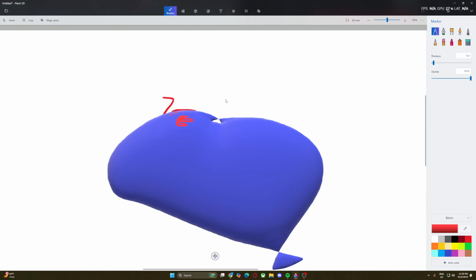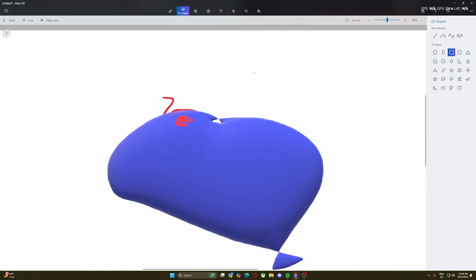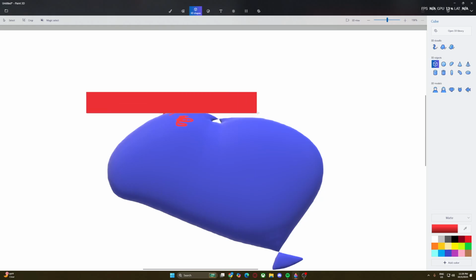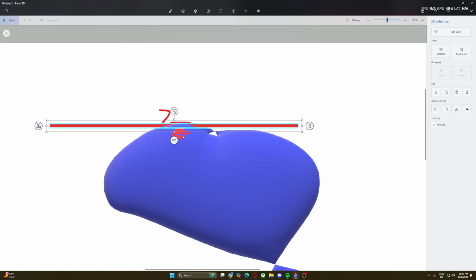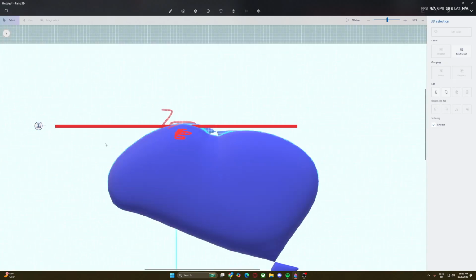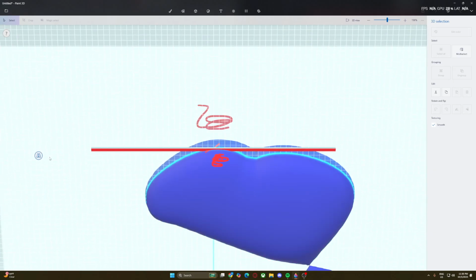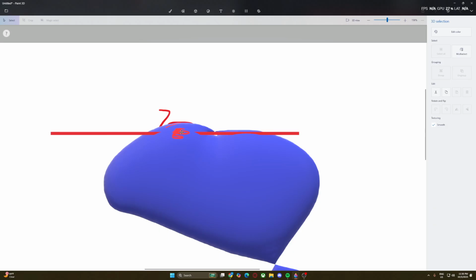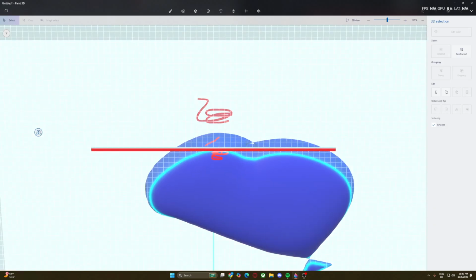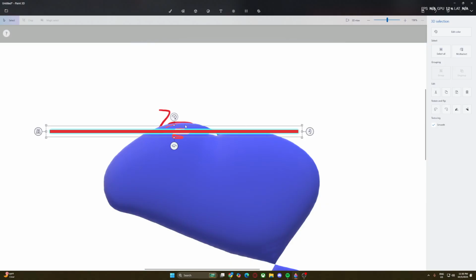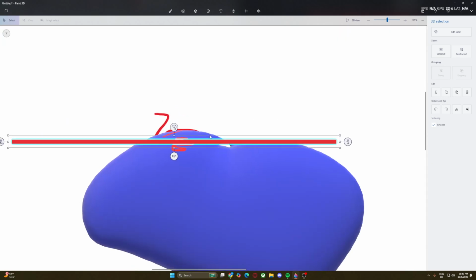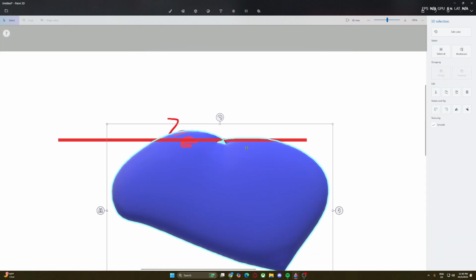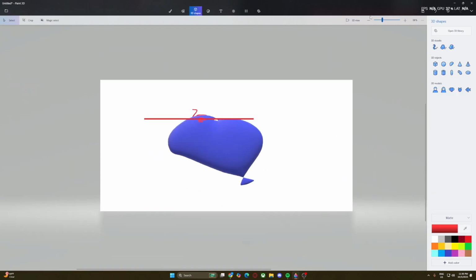So there is a tangent plane. Let's try to make a very small tangent plane. Say this is the tangent line. Now, I don't know how to rotate my camera, but suppose that's the tangent plane, I guess. 3D view.